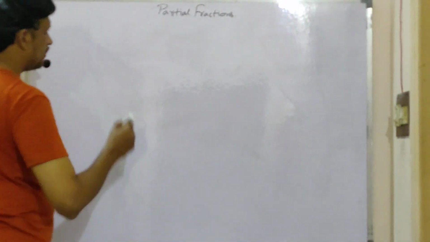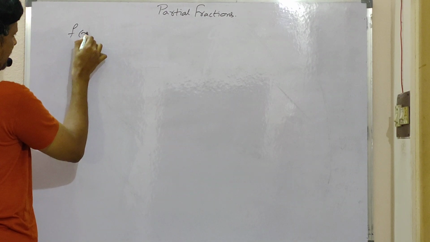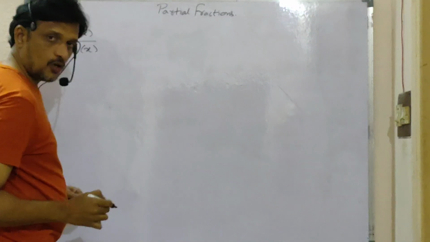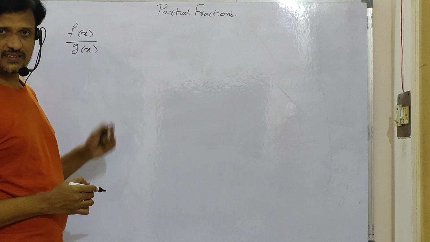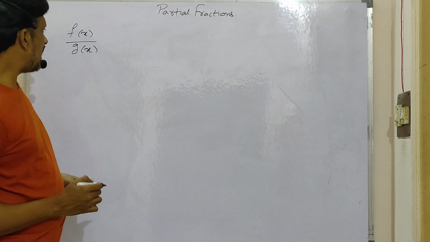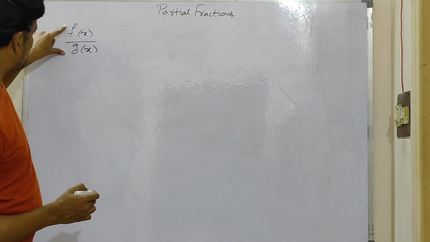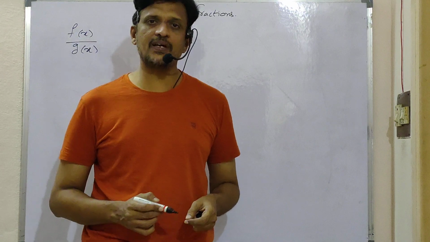With the help of one example, suppose f of x by g of x is given, where f of x and g of x are non-zero polynomials. Degree means the highest power of x in the given polynomial.